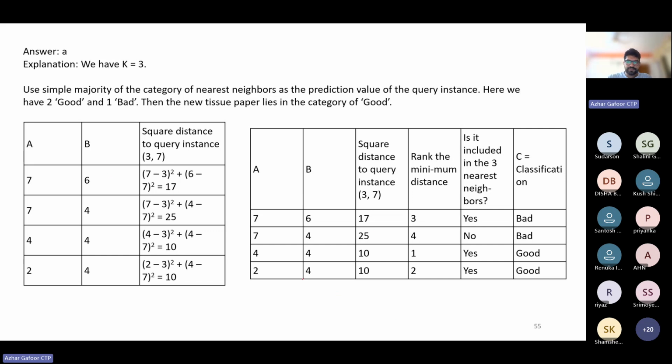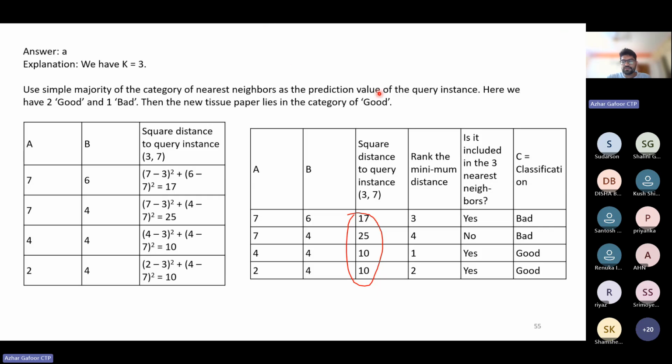So first we find the distances, then we rank them, 1, 2, 3, 4, based on the distance. Then we set the k value. K is 3, so we select which points to choose. We have 3 yeses and 1 no, so we will not consider this point and we'll select the other 3 points.